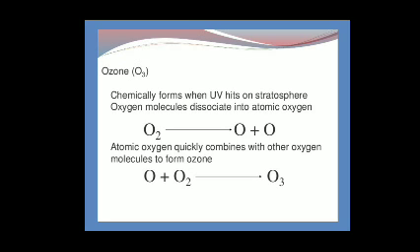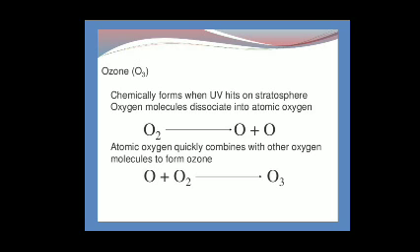O2 gives O plus O. Atomic oxygen quickly combines with another oxygen molecule to form ozone. See the reaction: O plus O2 gives O3. See how ozone molecules form in the stratosphere.